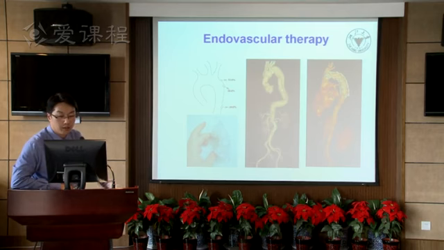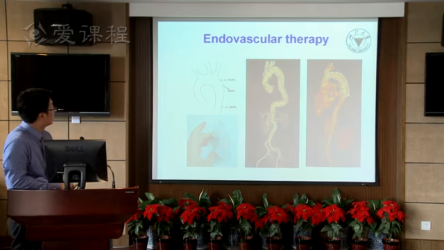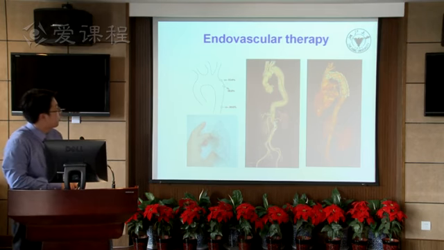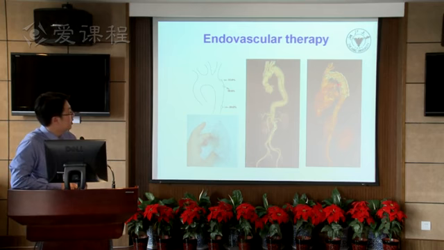Third is endovascular repair. This is the stent graft. This is the CTA of Stanford type B dissection. This is the CTA of the post-operation after endovascular repair.